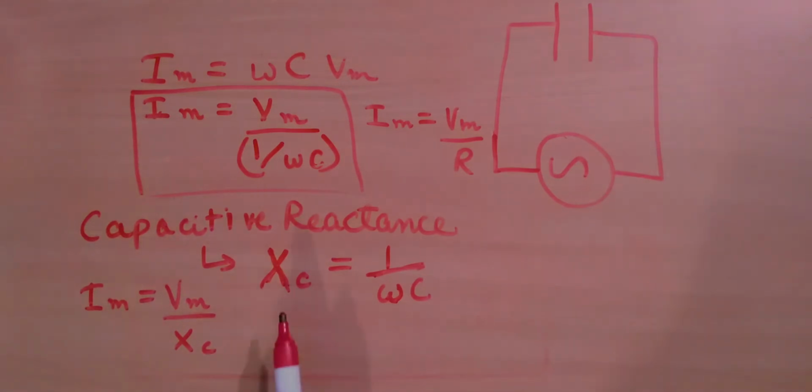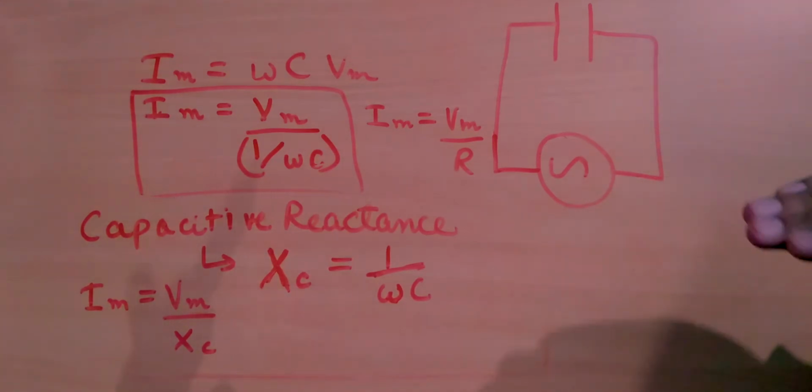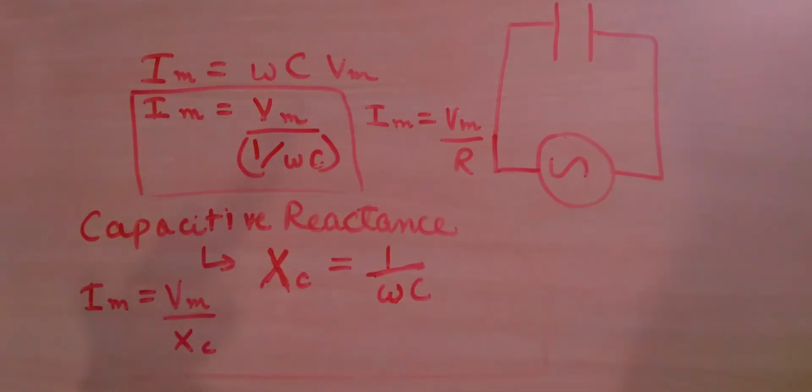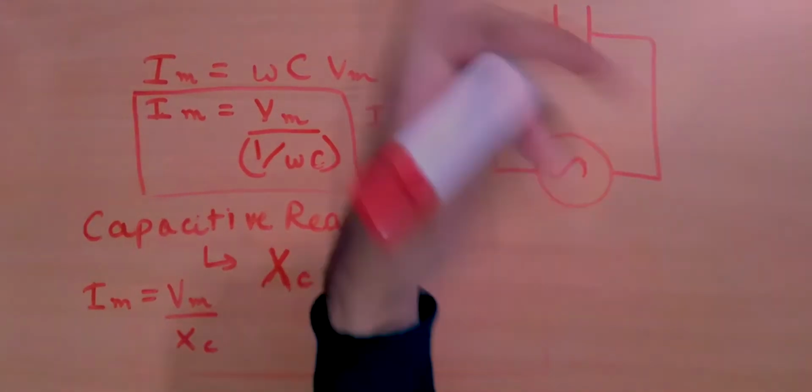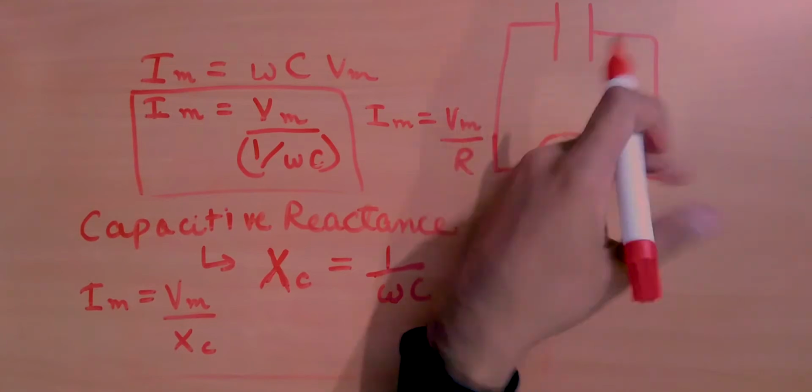And so in this particular equation, we can see that a larger capacitor, a capacitor with a higher capacitance, should offer a lower capacitive reactance, which means a capacitor with the larger capacitance would allow more current to flow. And why is that so? Well, if you think, what is it that is opposing the current?